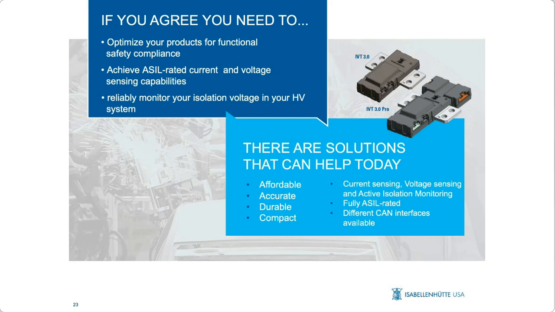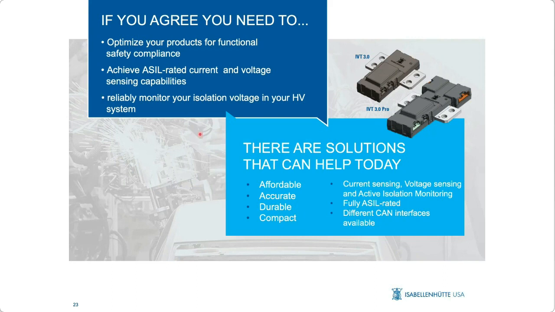So if you agree, you need to optimize your products for functional safety compliance, achieve ASIL-rated current and voltage sensing capabilities, reliably monitor your isolation voltage in your high voltage system.